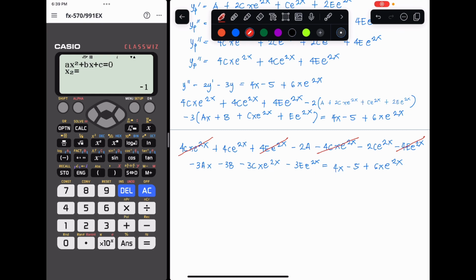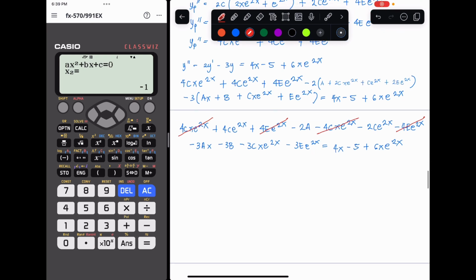So now we can equate. We start with all the terms involving x e2x. So all the terms involving x e2x, we have this one, x e2x, and this one, x e2x.